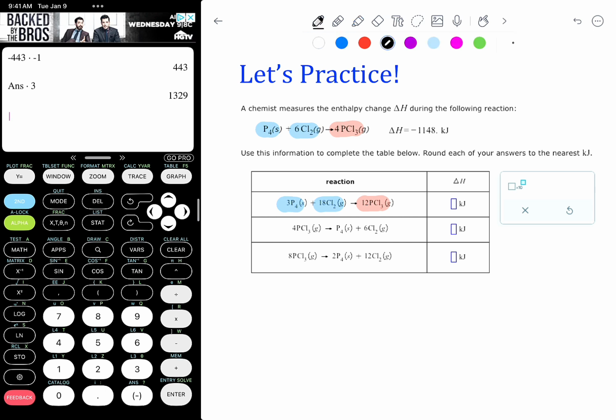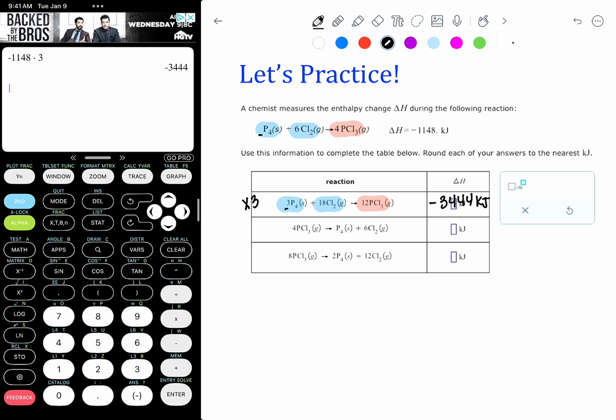So we didn't reverse it, but we changed our coefficient. We went from a coefficient of 1 to a coefficient of 3. So we multiplied this by 3. We're going to take that negative 1148, multiply it by 3, and get negative 3,444 kilojoules.